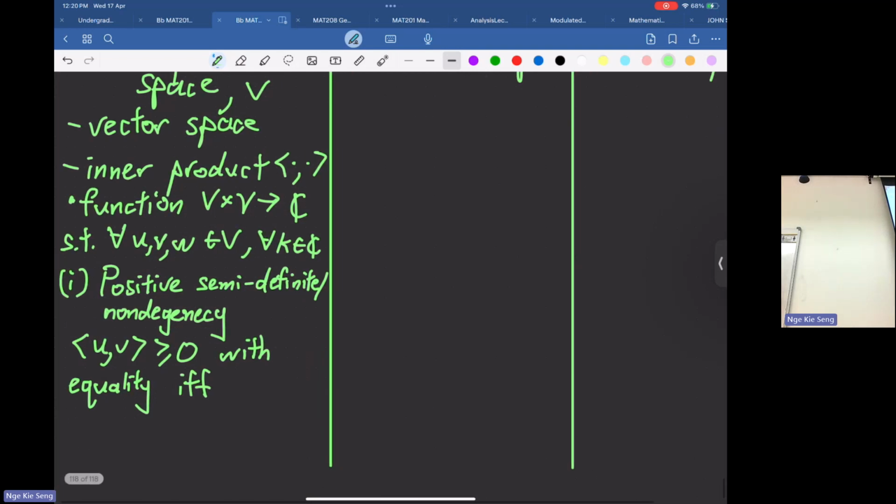I'm saying this is v dot v, not any two, just v dot v. When is this number equal to 0? It is when v equals 0.